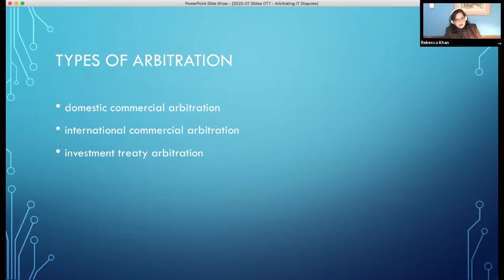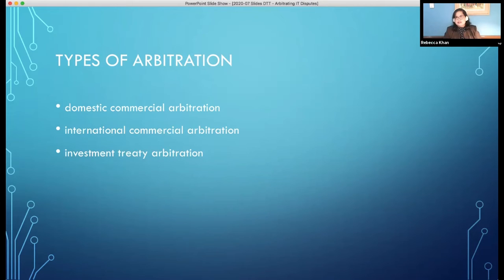The definitions of international and commercial are provided in Article 1 here. The definition of what's international is, as I've already mentioned, if the seat is in a different place from where the parties are, or if the parties are from different countries. So note that you could have an international commercial arbitration in the Philippines if one of those elements is met.